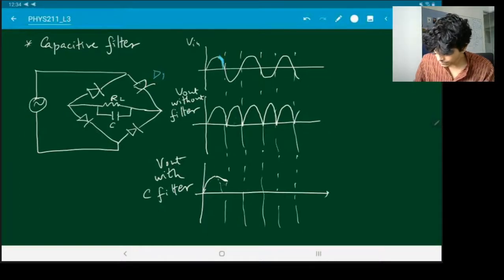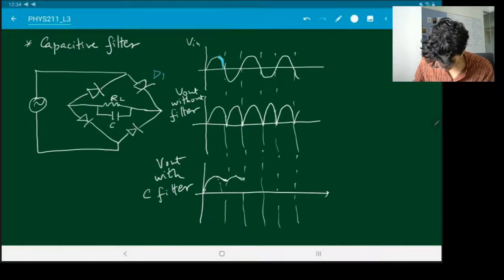Now once again we are in the negative cycle. So once again there is charging, and once it charges fully and the input potential starts to go down, once again all the diodes become reverse biased, and now the capacitor again discharges.